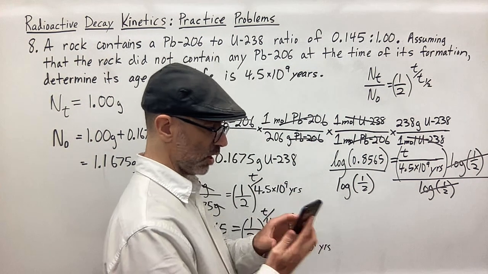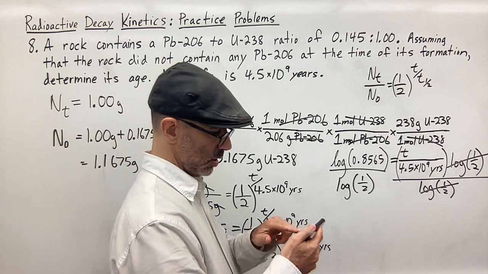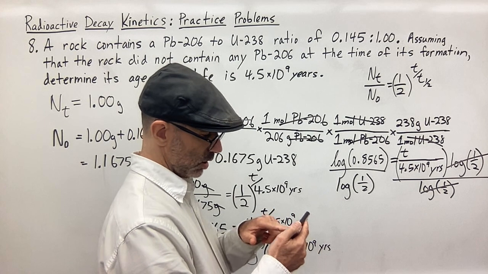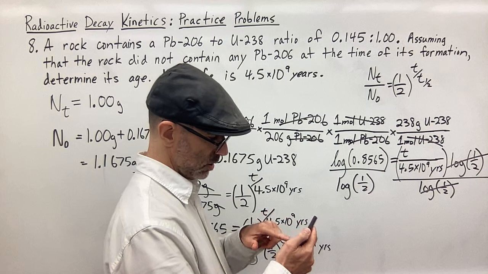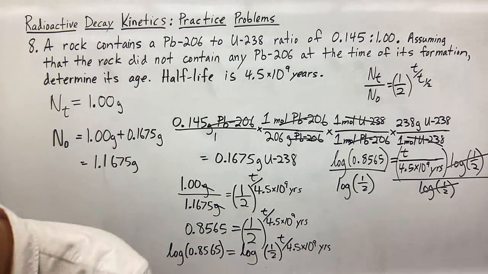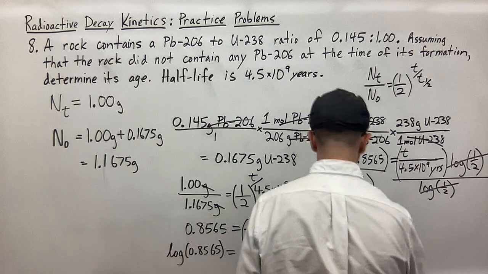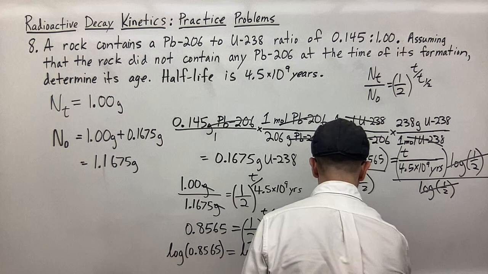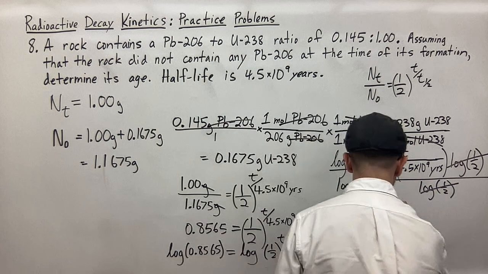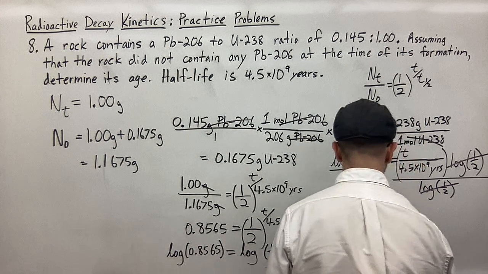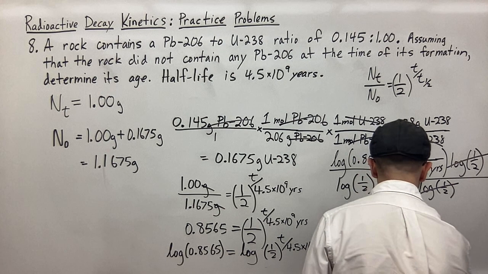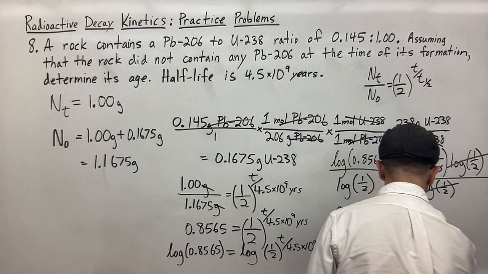I take the log of that number and divide it by the log of 1/2, and there I get 0.2234. So 0.2234 is equal to t over 4.5 times 10 to the 9 years.